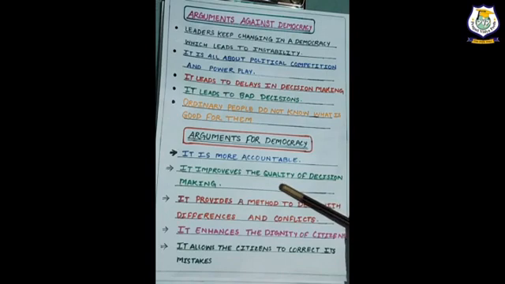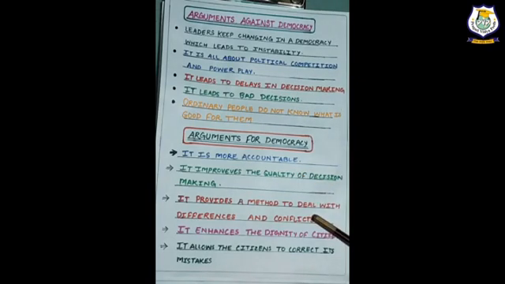It improves the quality of decision making. As we know, in a democracy many people take part in decision making. So definitely, whatever decision is taken by the representative improves the quality of decision.